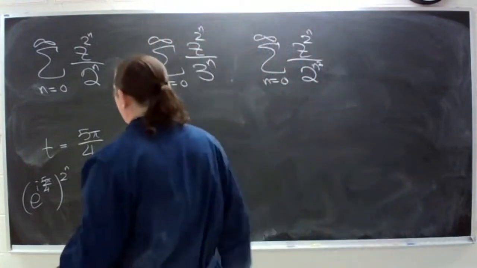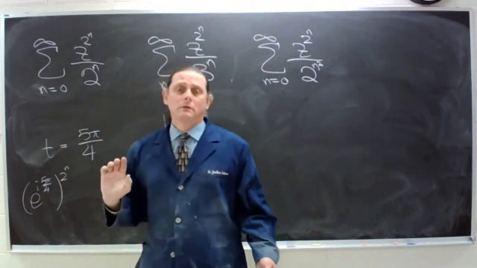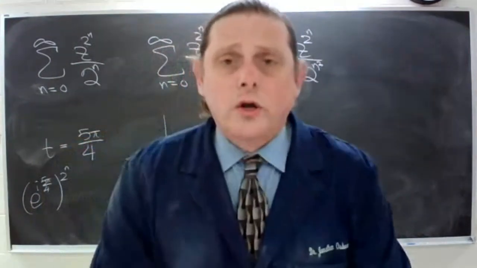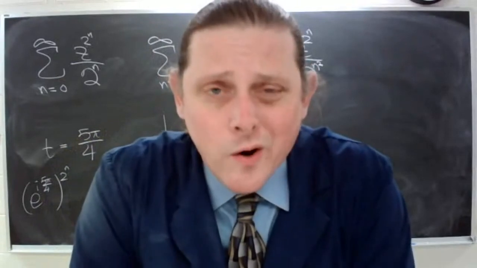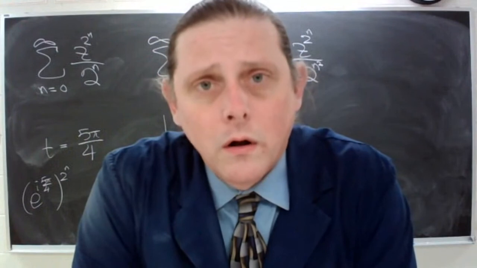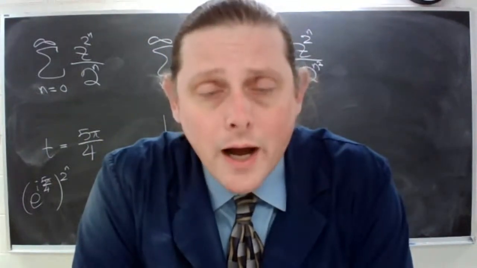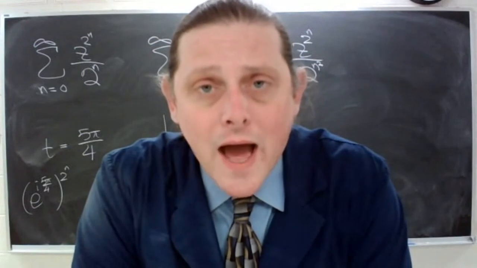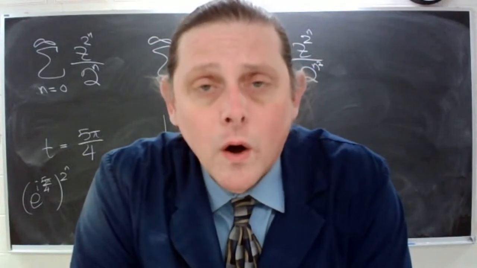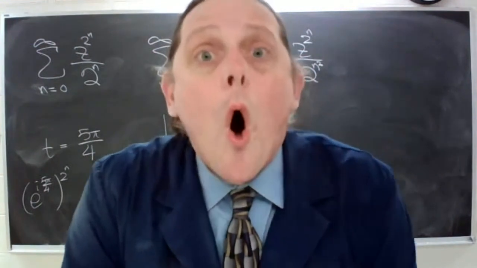But what happens when n equals 3? When n equals 3, I would have e to the i 10 pi. The argument of that is 0. What about when n equals 4? Well, now I have e to the i 20 pi. The argument of that is 0. What about when n equals 5? The argument of that is 0.